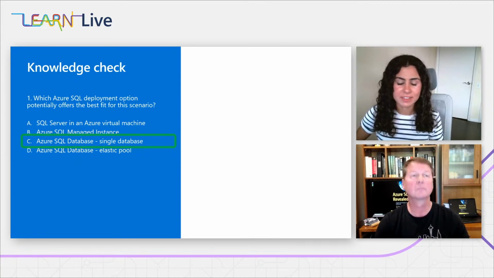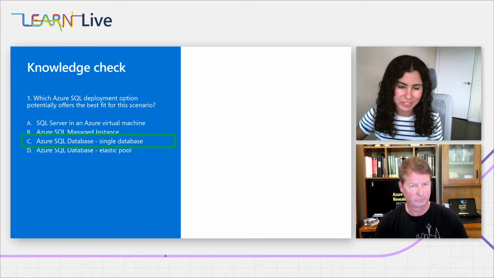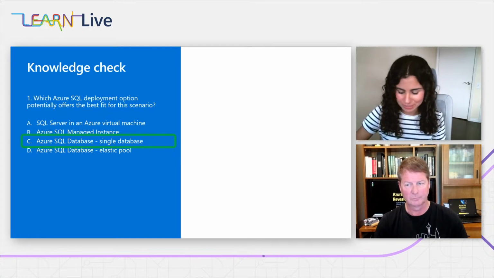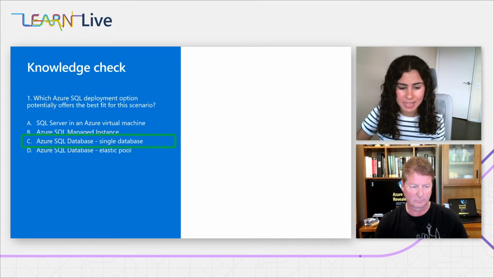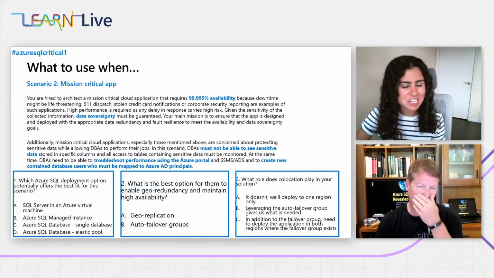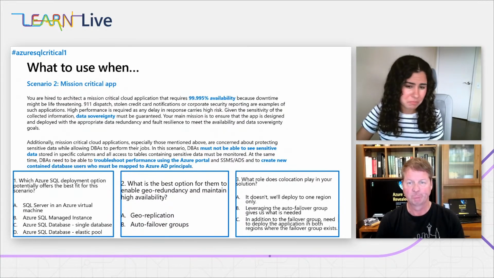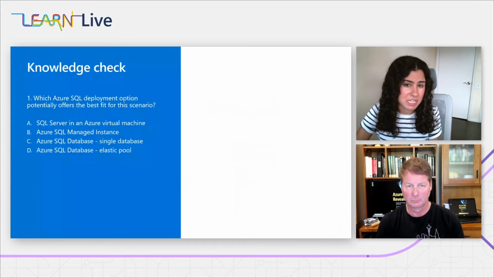And I think if nothing else, it has to do with that SLA, like you mentioned. You can only get that SLA in Azure SQL database today. But also, if you look back at the scenario, they didn't really mention anything about using instance scoped capabilities. So it's possible that they didn't really need those anyway. So this helps as well.